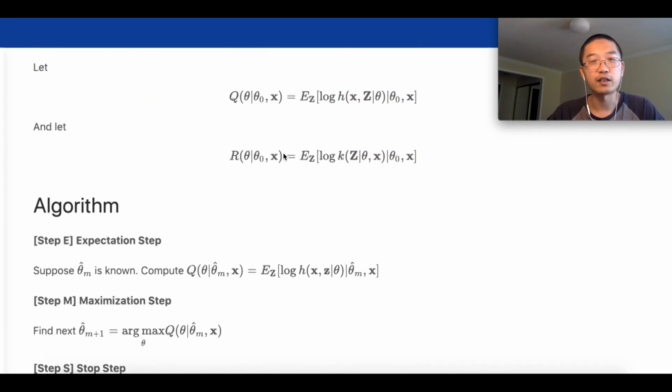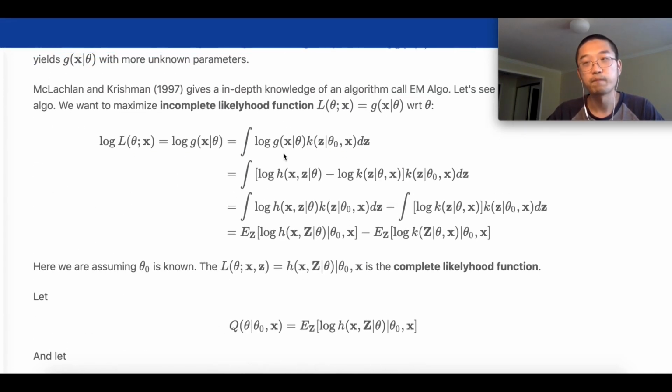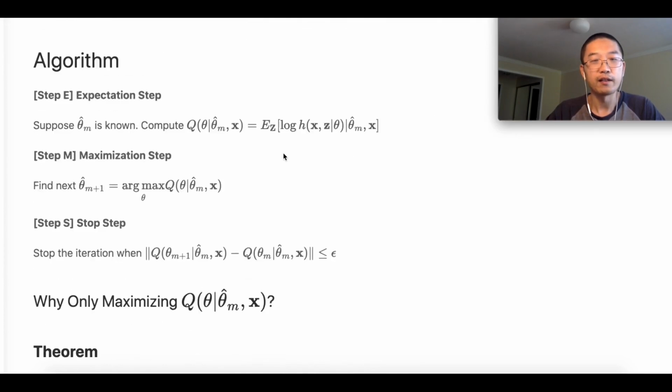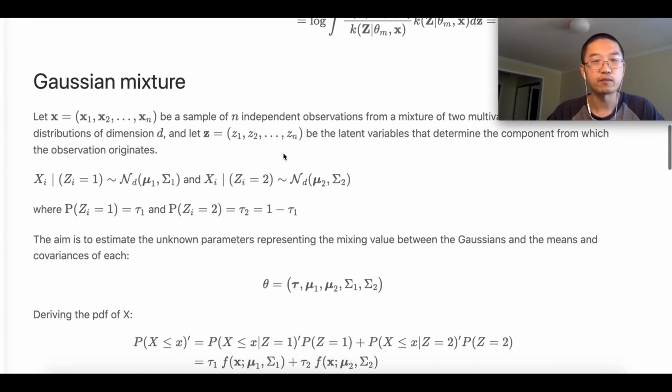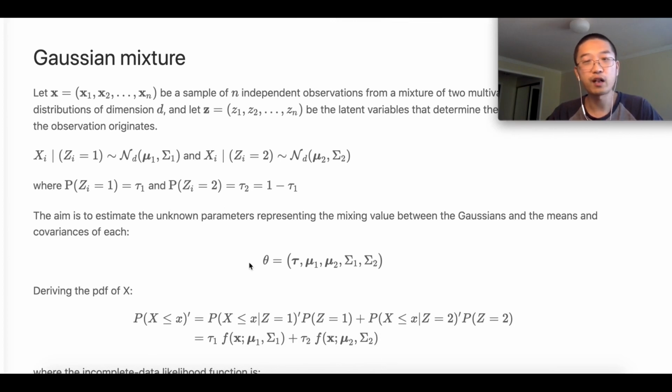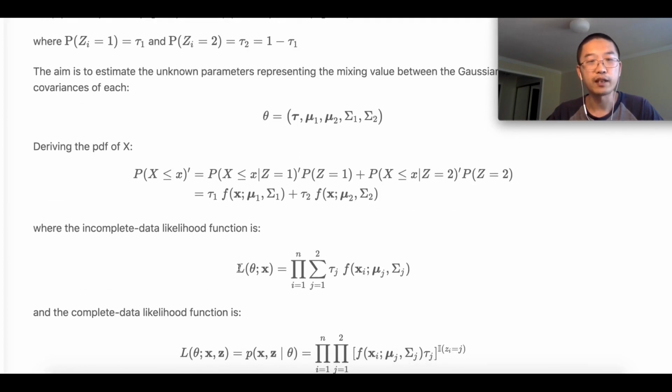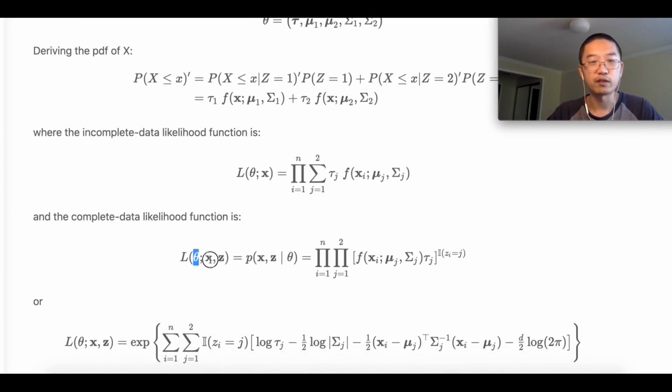Now, this is the EM algorithm. And now we can go back to our Gaussian model. We already found our incomplete likelihood function L given theta and x, and we can find our complete likelihood function L given theta, x, and z, which is a product over the samples x and z. Well, z depends on whether the value is 1 or 2.